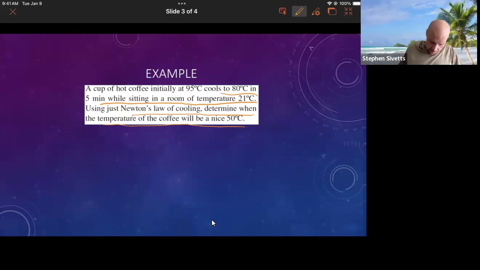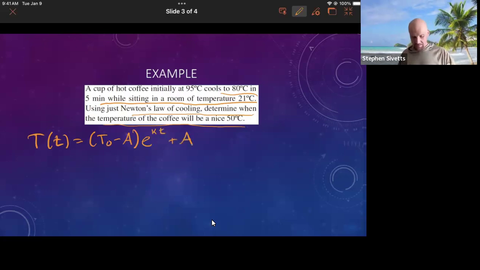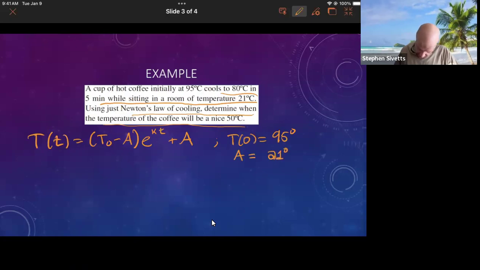So real quick, let's look at what the model for expressing the temperature of the hot coffee would look like. By Newton's law of cooling, this is the function that we want. We know that the temperature at time 0 is 95 degrees Celsius. The ambient temperature is 21 degrees Celsius.